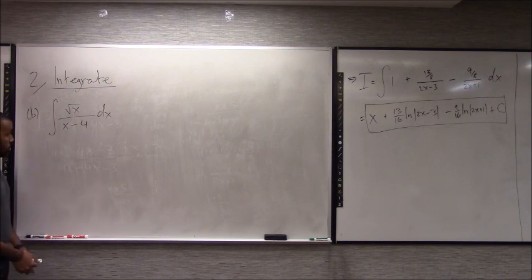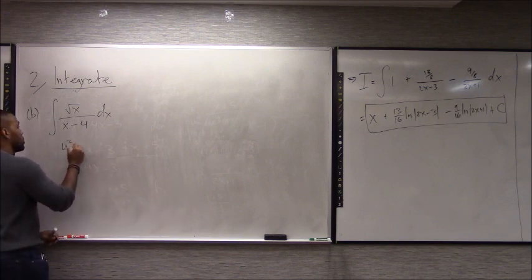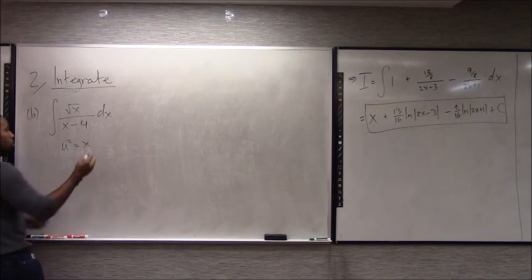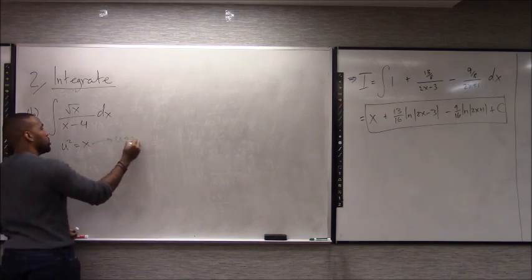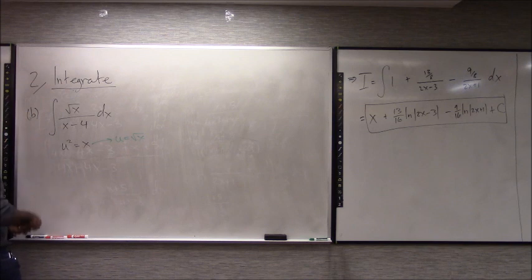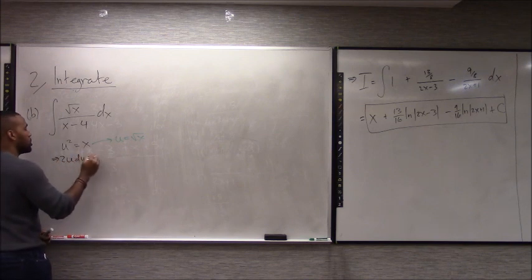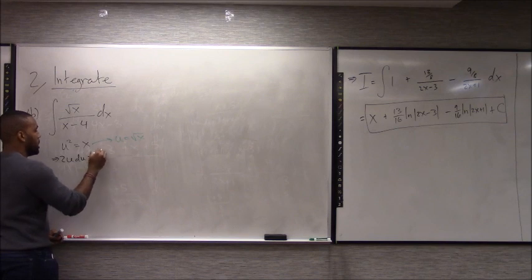Okay, what would you substitute? U squared equals x. By the way, that's actually equivalent to saying u equals radical x. This would give us 2u du equals dx.